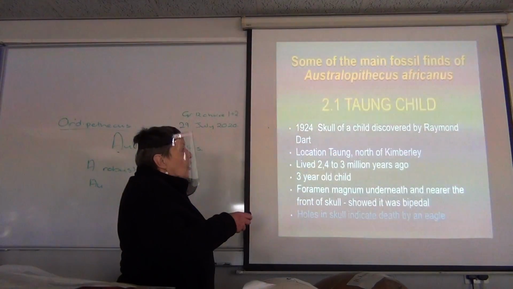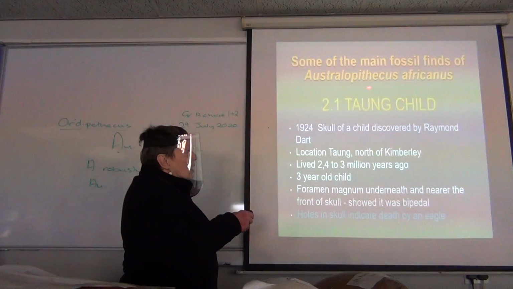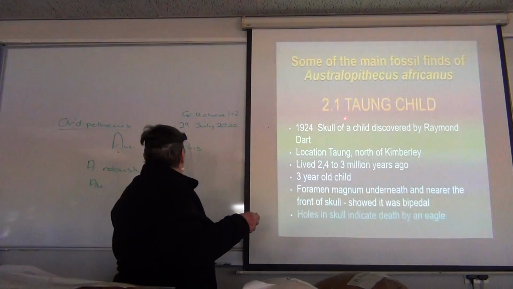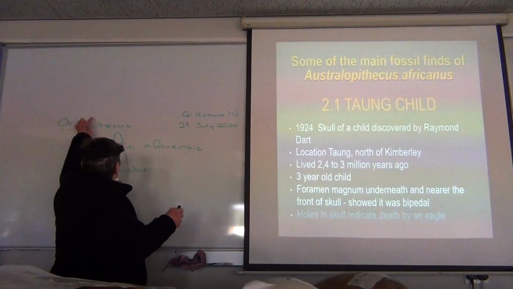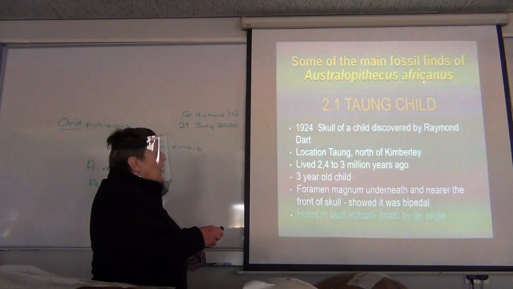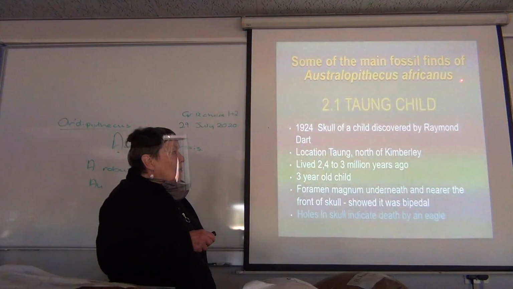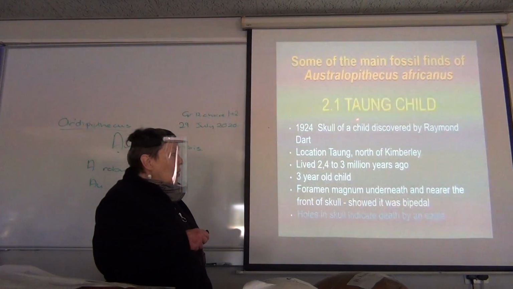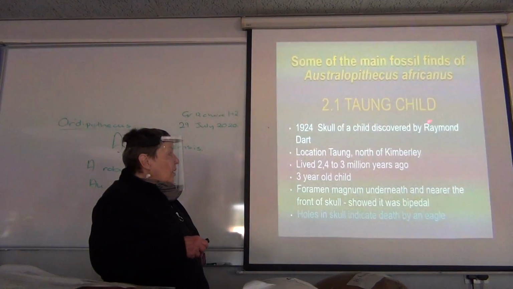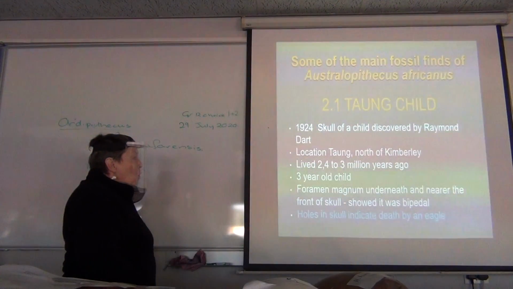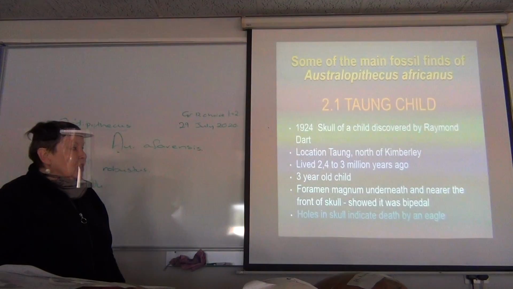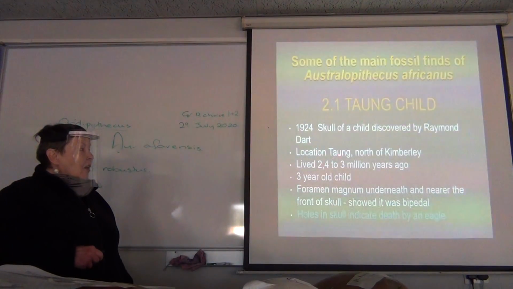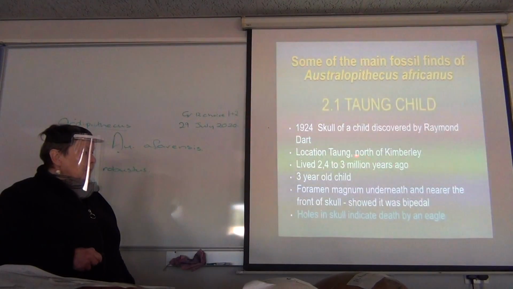So now we're going to go on to the Southern African example of Australopithecus, and this is Australopithecus africanus, which remember comes from South Africa, and the first example was the Taung child. In 1924, the skull of a child was discovered by a very famous guy called Raymond Dart, found in Taung, north of Kimberley.